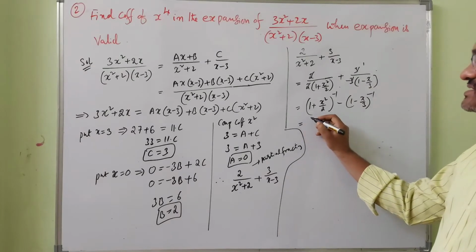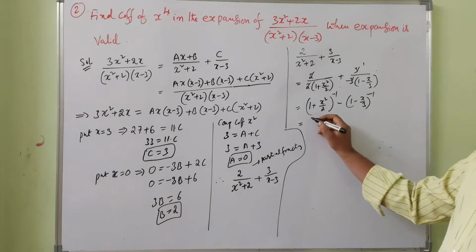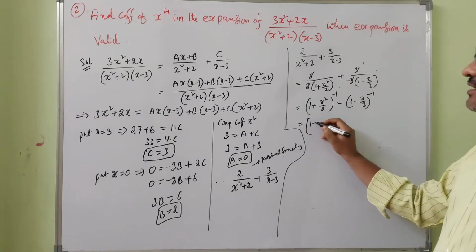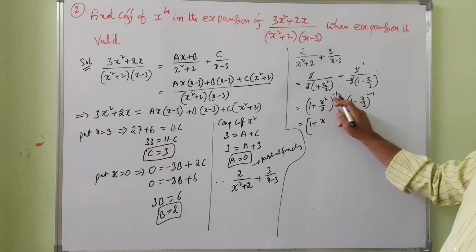Now write expansions by using binomial theorem for rational index. The expansions are 1 plus minus.